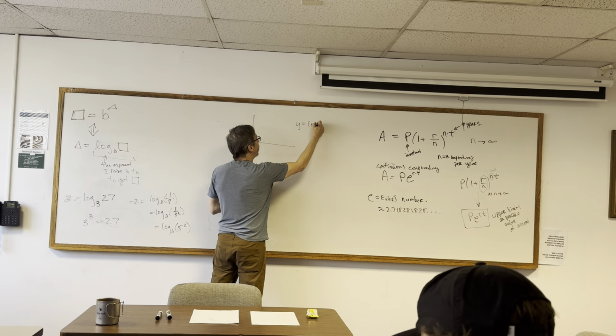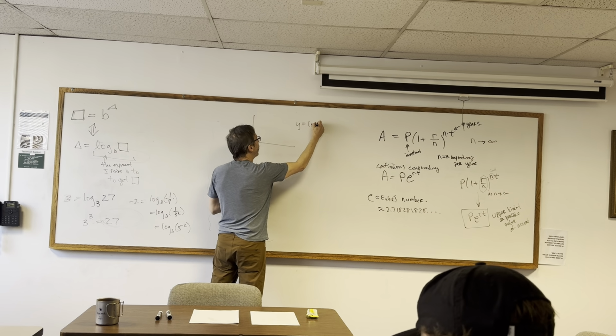So they undo each other. What power do I raise e to get square? Well, it's this number. Now raise e to that power. Not surprising that we get square. So these things are saying some very self-referential things.